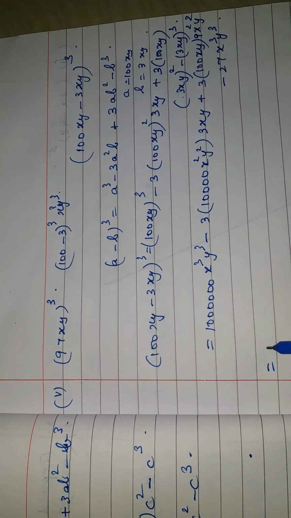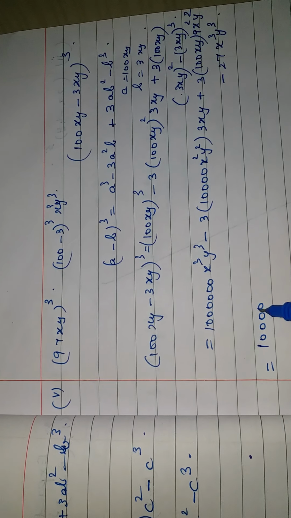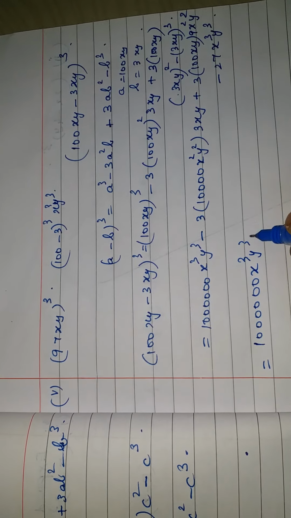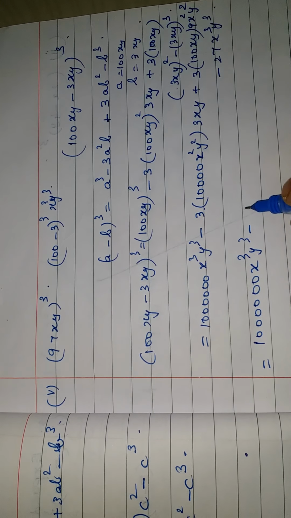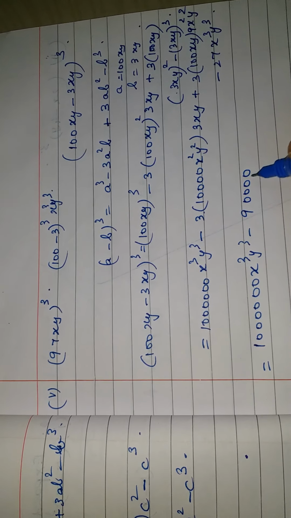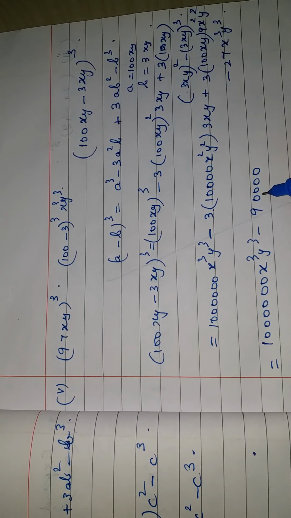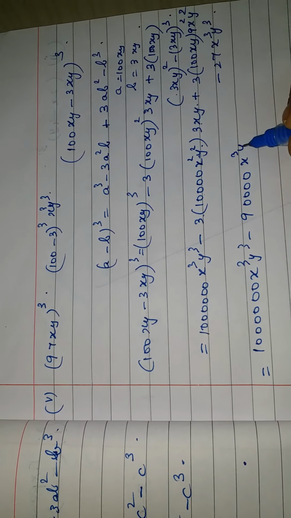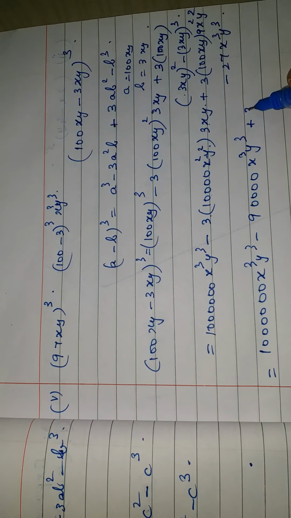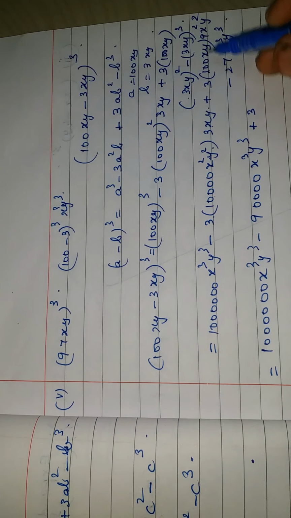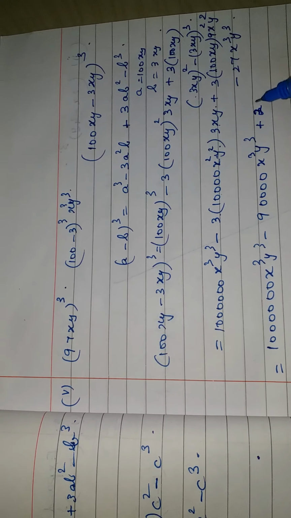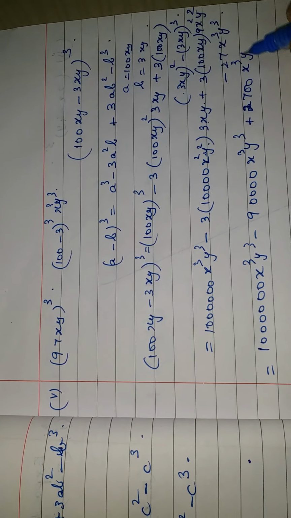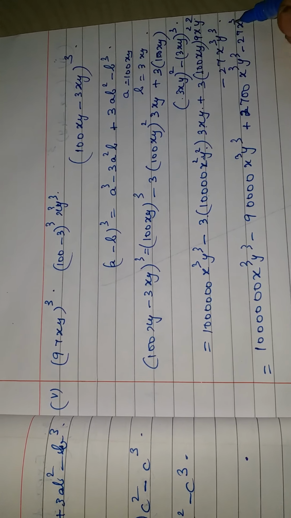So it is equal to x cube y cube, minus 3 3s are 9, 90,000, sorry, 90,000 xy square, x square y square into xy will give you x cube y cube, plus 3 into 3, 9 3s are 27, so 2,700 xy into x square y square will give you x cube y cube, minus 27 x cube y cube.